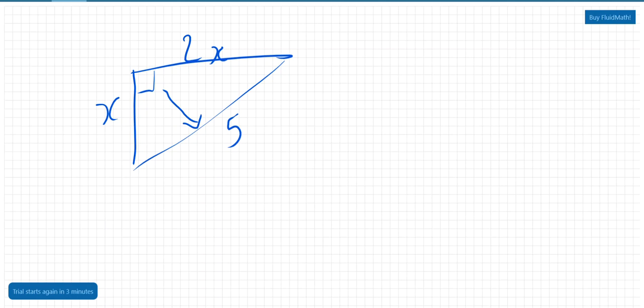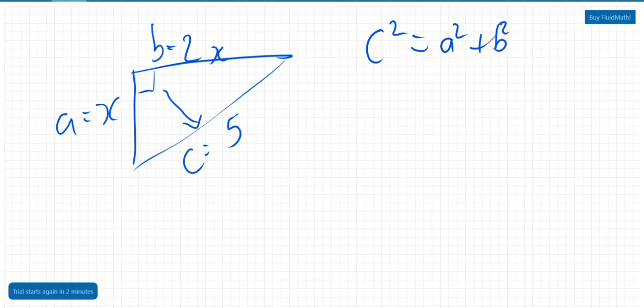So the hypotenuse is 5, so c can be 5, a can be x, and b can be 2x. Okay, so I have my formula, c squared is equal to a squared plus b squared. So c is 5, so I have 5 squared is equal to a is x squared plus b is 2x.